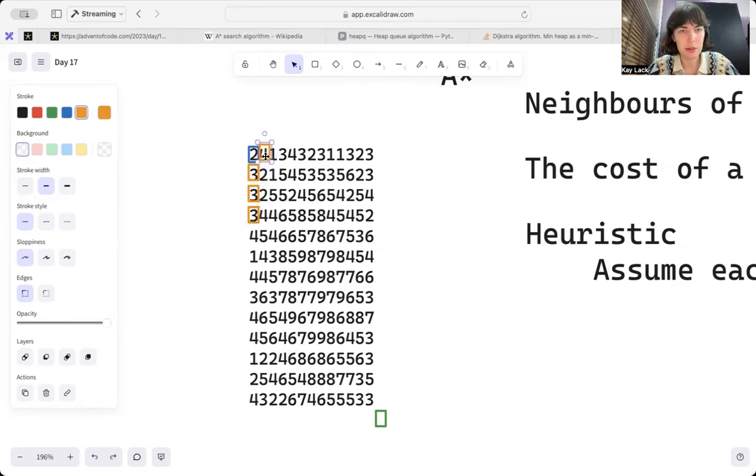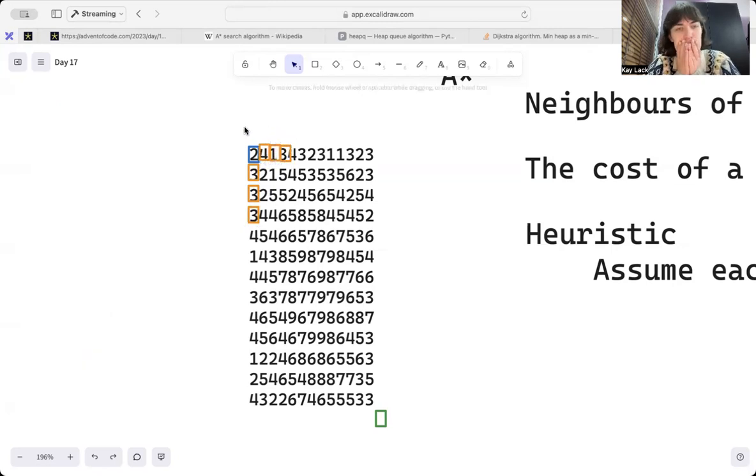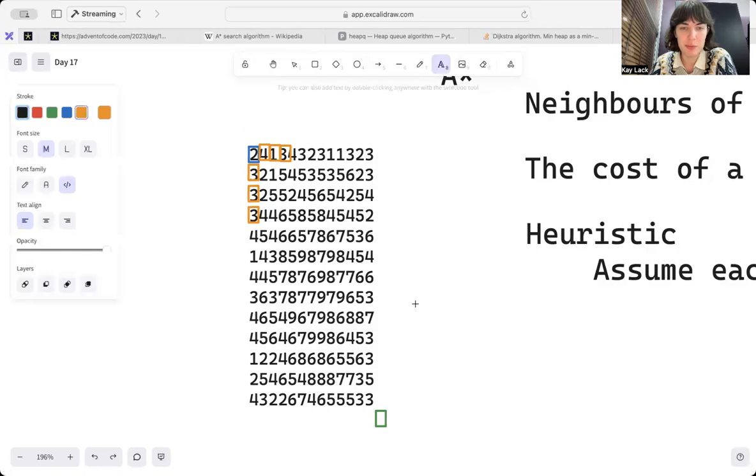Or this, this, and this. Okay, so it doesn't necessarily make everything a lot easier. We've still got to keep track of a certain amount of information about our position.